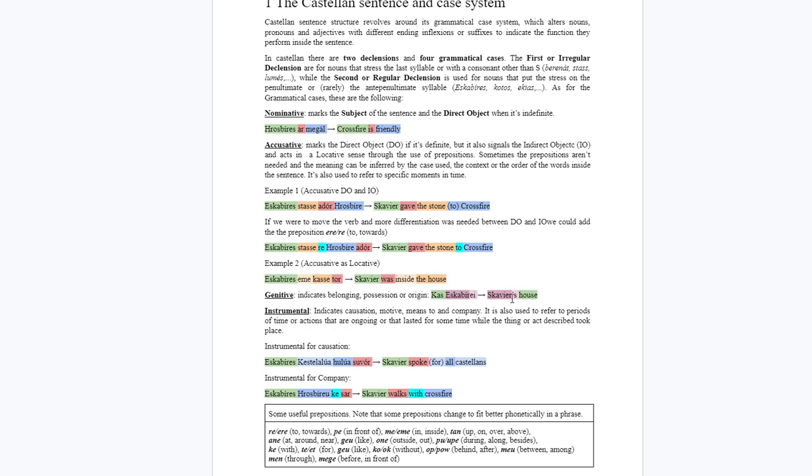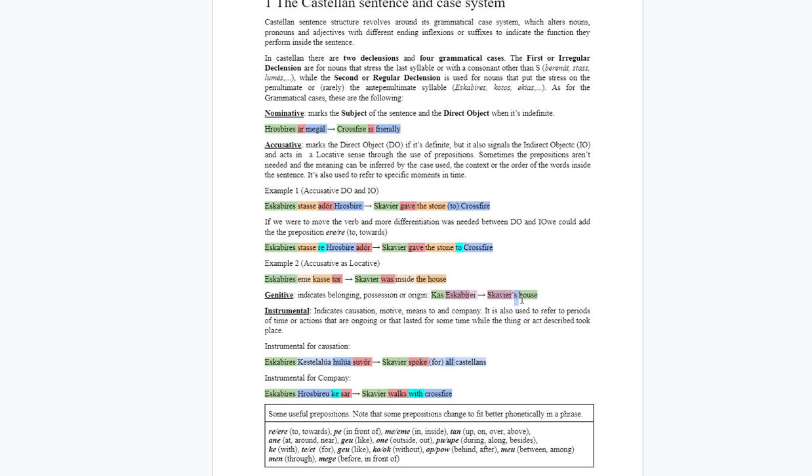Actually, this is a very good example because we have something similar in English to Castellan terminations and grammatical cases, which is the Saxon genitive, which actually has the same name because English used to have grammatical cases as well, but it lost them over time.